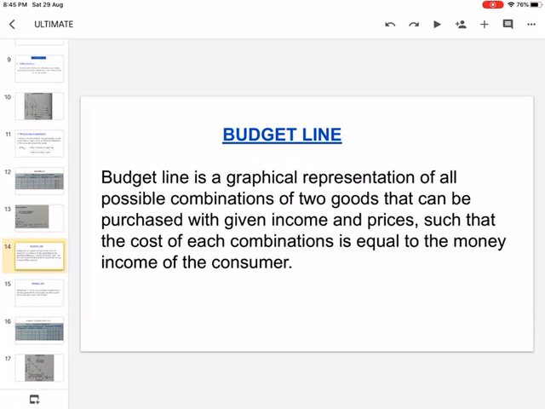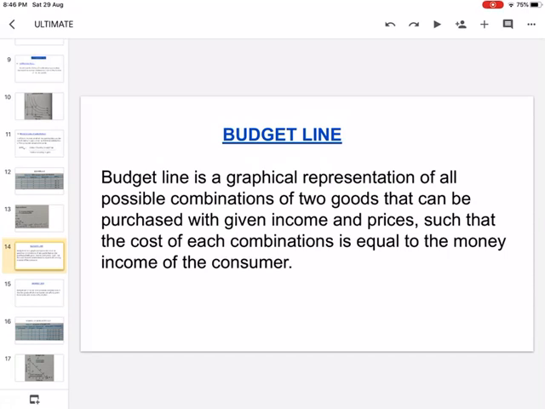Now the budget line, if we go by the definition, is a graphical representation of all various possible combinations of 2 goods that can be purchased with given income and prices, such that the cost of each combination is equal to the money income of the consumer. Now let's make it very simple. It simply means that the consumer has a fixed amount of income which is given.